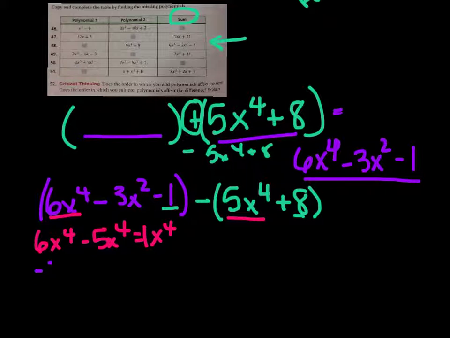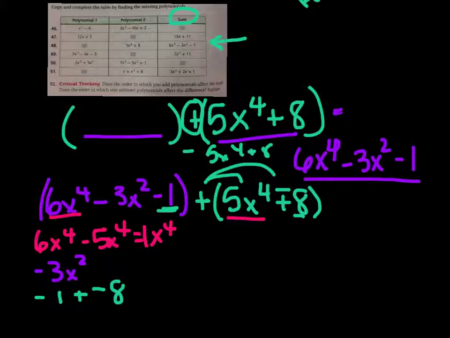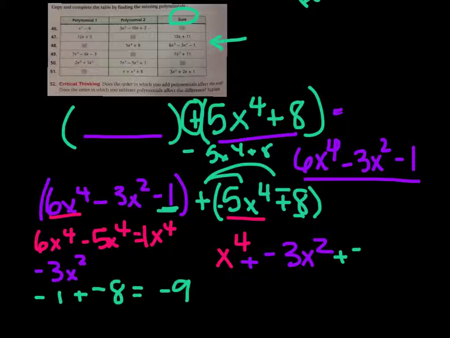We still have a negative 3x squared, and our last one is negative 1 plus a negative 8. I'm saying plus because we're going to distribute that negative into here. So negative 9. So our missing polynomial would be x to the 4th plus a negative 3x squared plus a negative 9, or x to the 4th minus 3x squared minus 9.